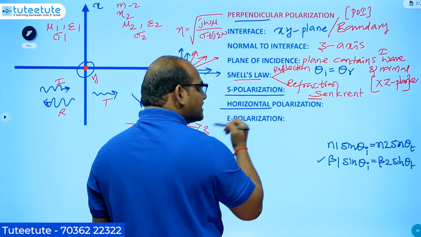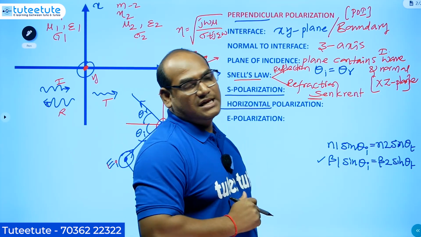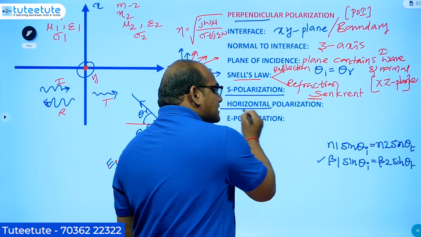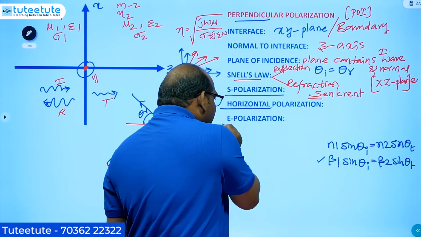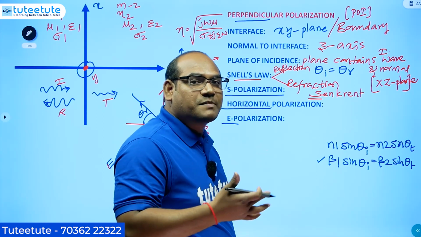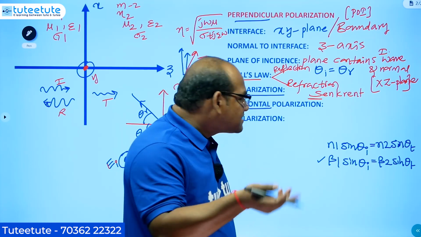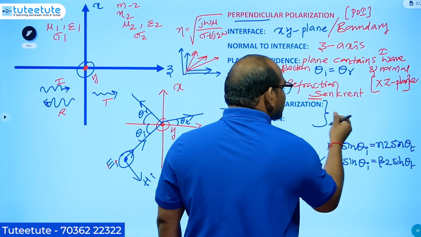Okay, that's why this is called horizontal polarization. Why is it horizontal polarization? It means the electric field is horizontal to the interface, so it is called horizontal polarization or E polarization, for the same reason. How the electric field is oriented with respect to the boundary, with respect to the interface, based on that these two names are given.